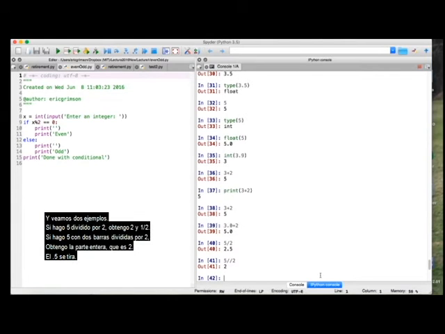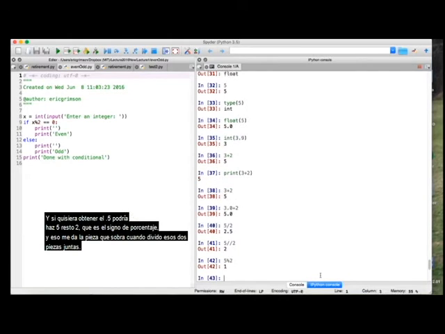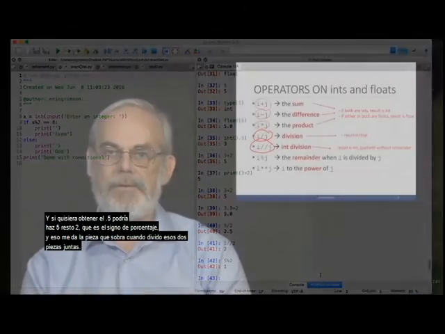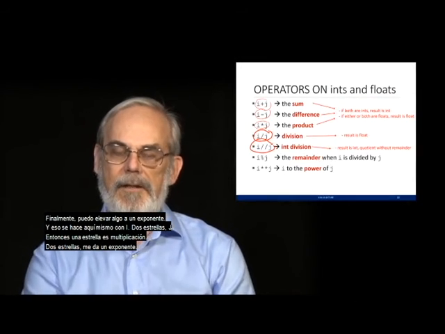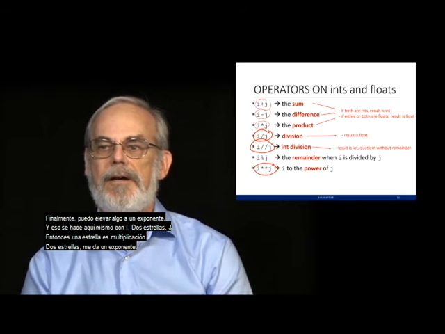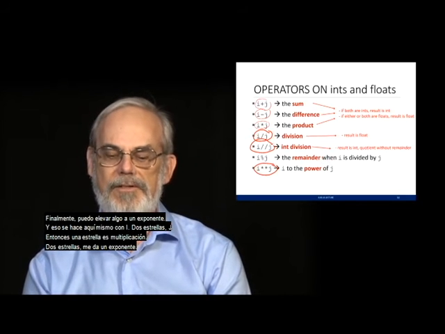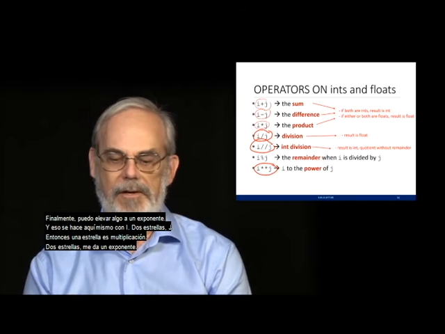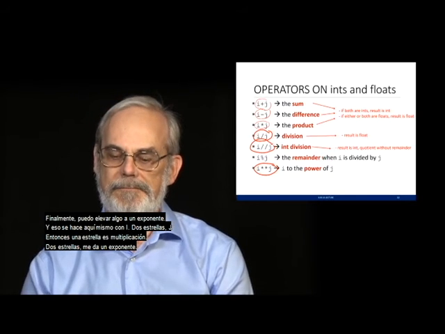The 0.5 is thrown away. And if I wanted to get the remainder, I could do 5 remainder 2, which is the percent sign, and that gives me the piece left over when I divide those 2 pieces together. Finally, I can raise something to a power, and that is done right here with i, 2 stars, j. So 1 star is multiplication, 2 stars gives me power.